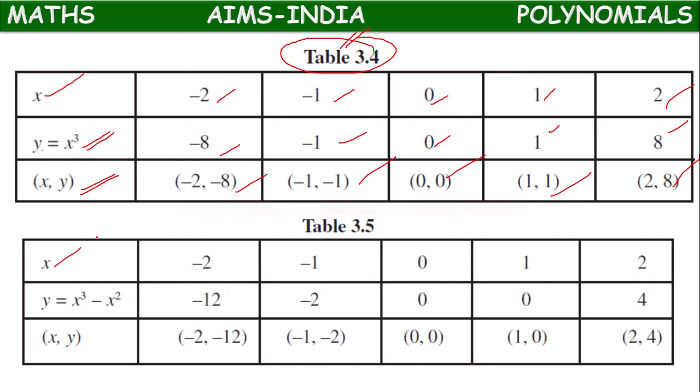For the second equation, y equal to x cube minus x square, at x equal to minus 2, minus 2 whole cube minus minus 2 whole square is minus 12, so the point is minus 2 comma minus 12. In the same way, minus 1 comma minus 2, 0 comma 0, 1 comma 0, 2 comma 4. Like this, we have constructed tables for y equal to x cube and y equal to x cube minus x square.